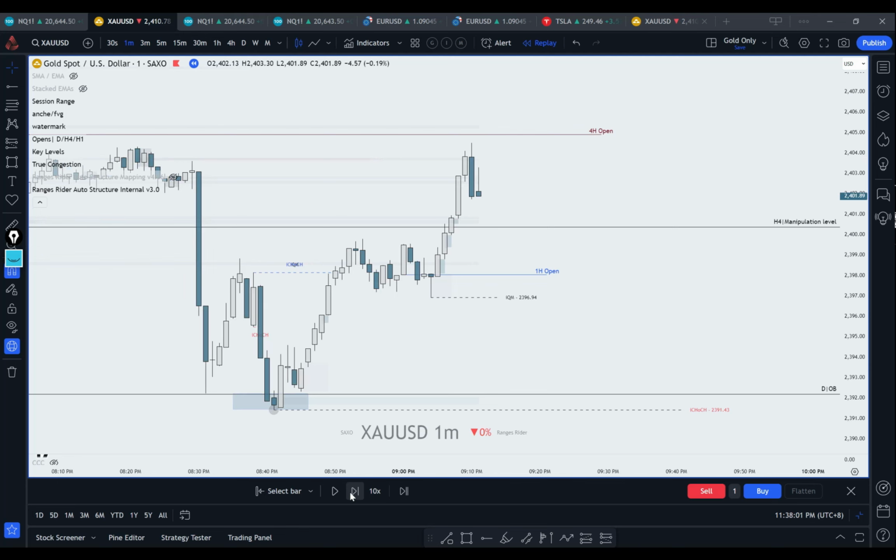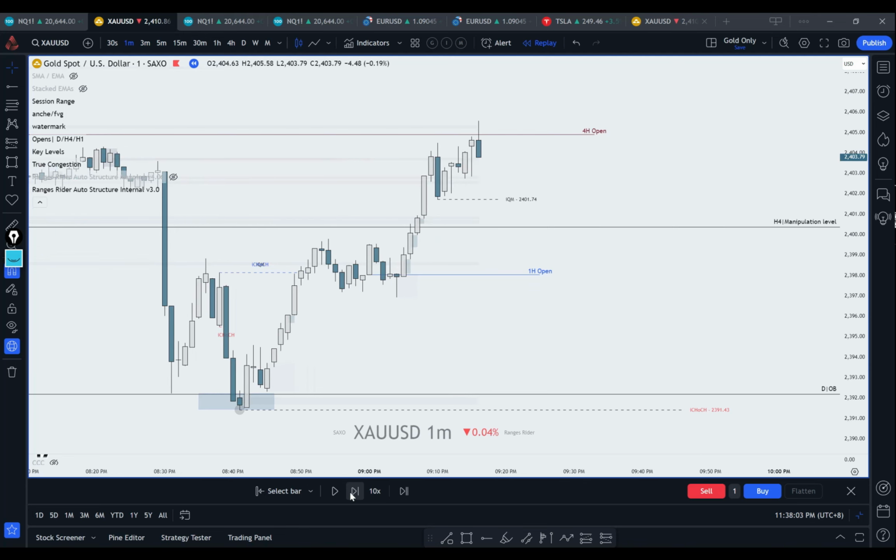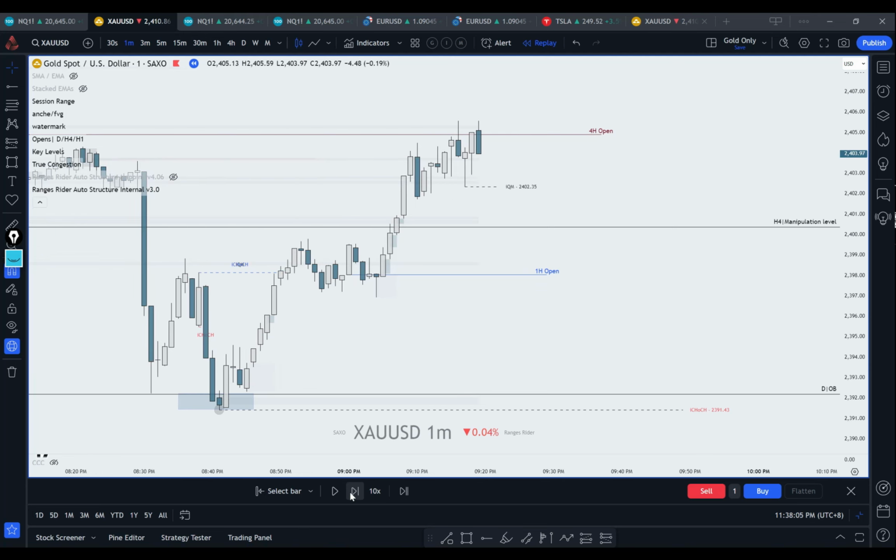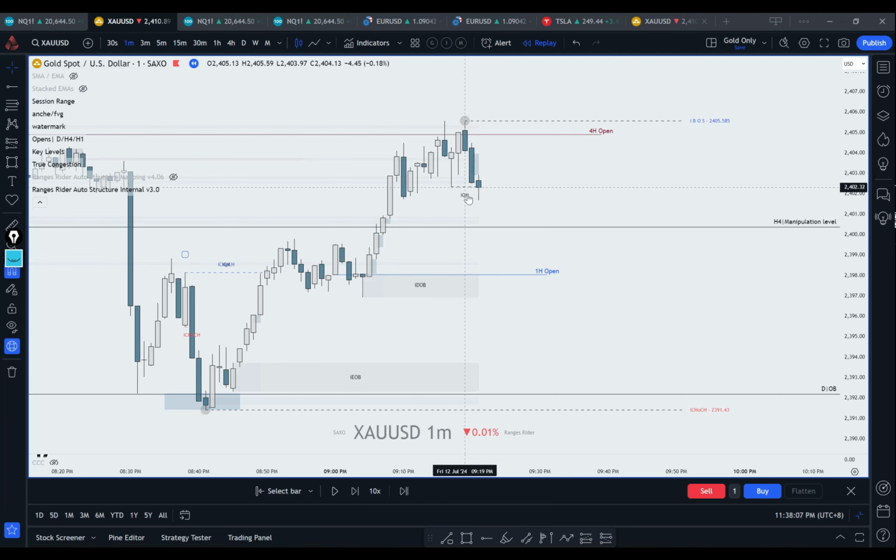So where is the opposite QM? And there we go, we got the opposite QM. Now the question is, would you like to buy into this area and expect that the price will make another break of structure? You can buy, but you should have some order block, maybe the decisional order block or any kind of order block.